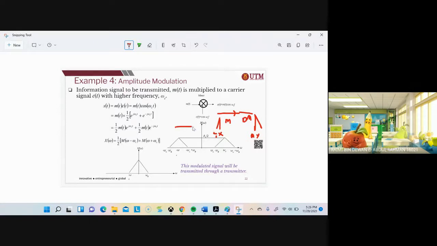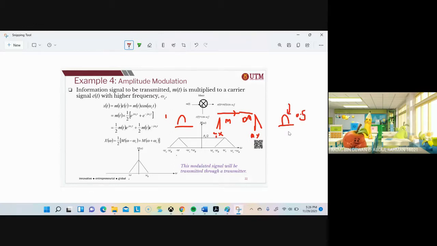For example, if your information signal is like this, when we demodulate and remove the noise, we want to retrieve back the original information signal. Maybe the amplitude can be different. Maybe initially this is 1, but when retrieved it becomes 0.5. It's still okay, because the shape is still there.